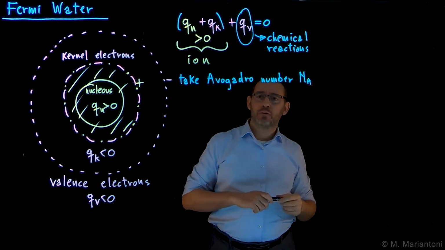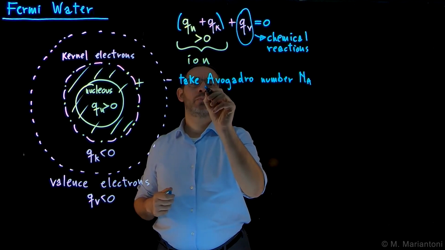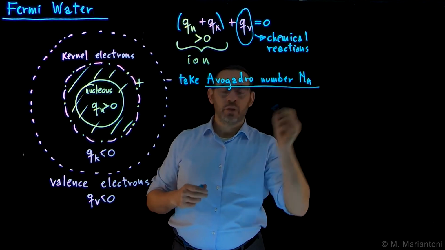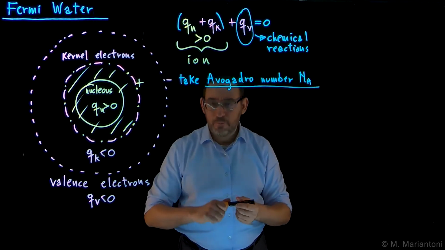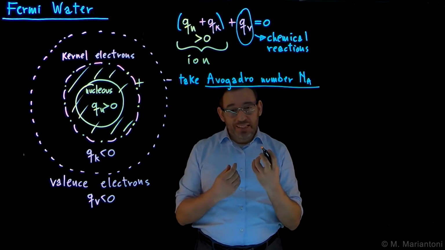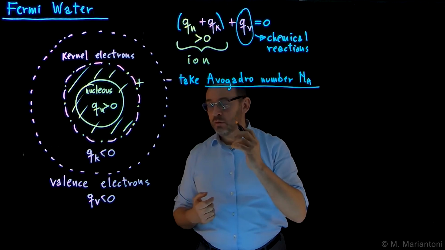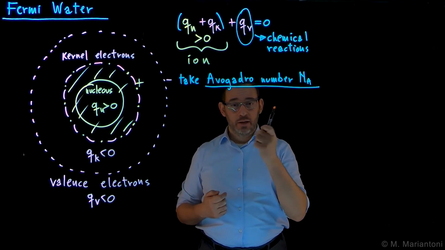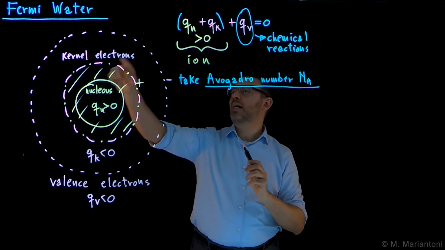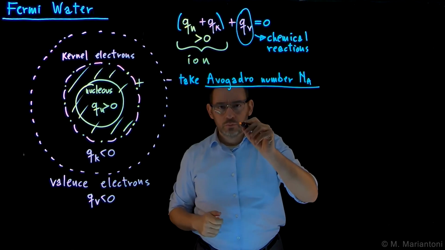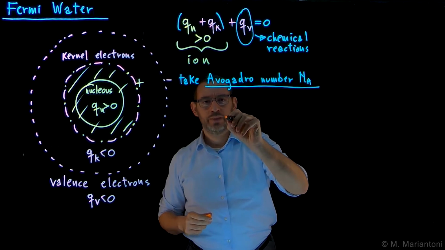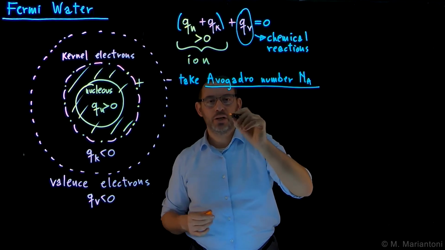So again, if we go back to the Avogadro number of atoms, in this case, we can sketch this metallic object as fixed ions, which I sketch in orange. Okay, so the fixed ions here form a lattice, typically a periodic structure.